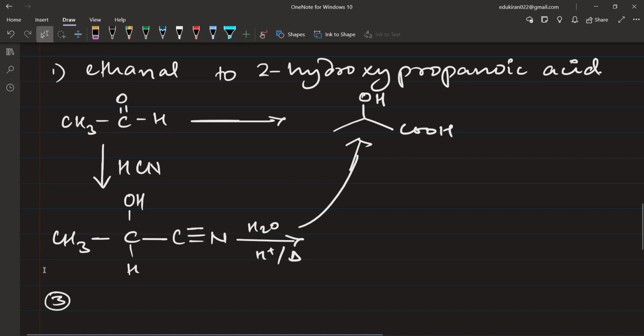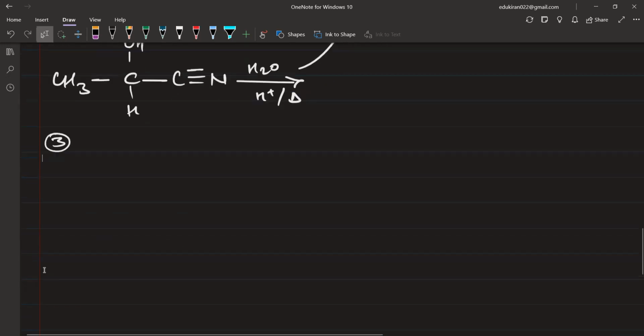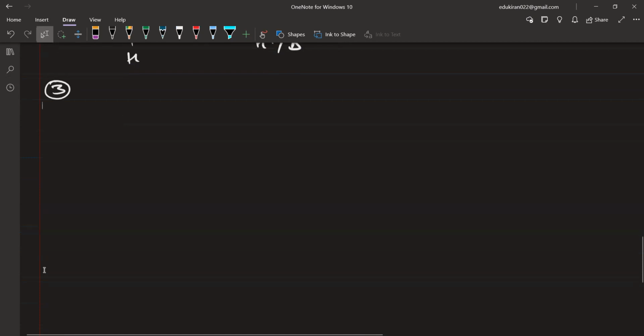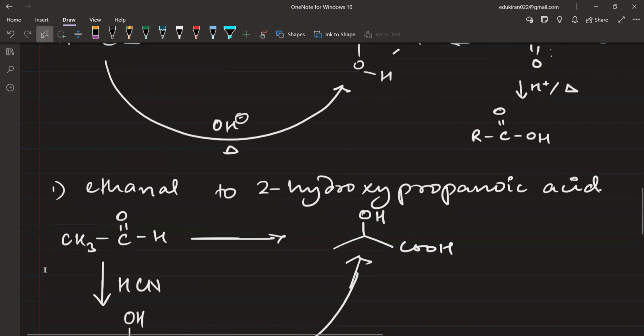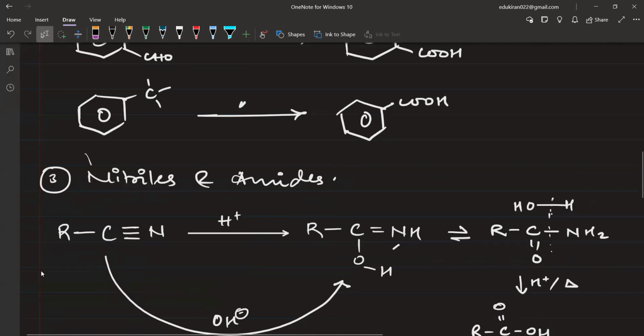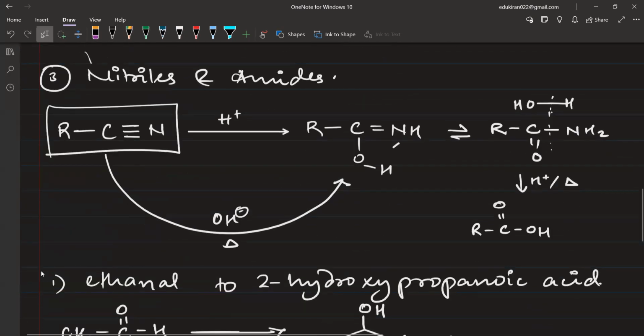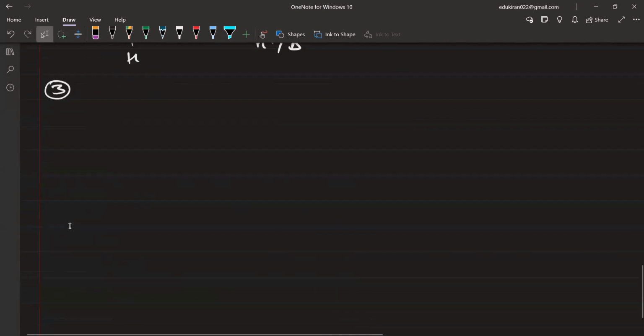Done, sir. So both are done here, nitrile and amides. You can see this is nitrile and this is amide. So we have both the reactions, nitriles and amides. Right, the fourth one, third one.